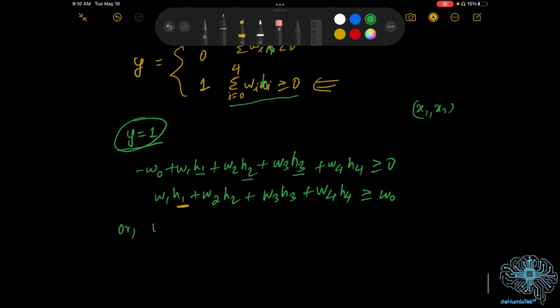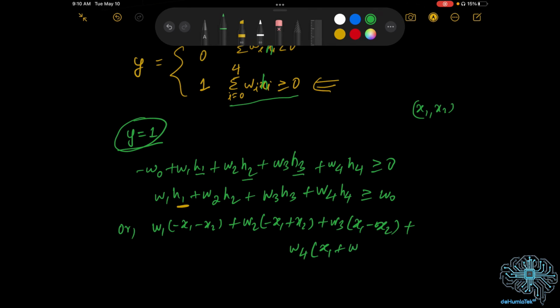Okay, so let's substitute the value for all these H, or hidden perceptrons. We can expand this, like W1 equals minus X1 minus X2, so this will be minus X1 plus X2, and W3 would be X1 minus X2, and W4 would be X1 plus X2.